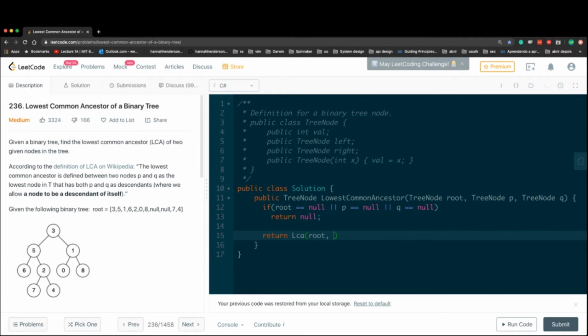So root, P, and Q. Okay, so let's code this function. So private TreeNode LCA, TreeNode root, TreeNode P, TreeNode Q.